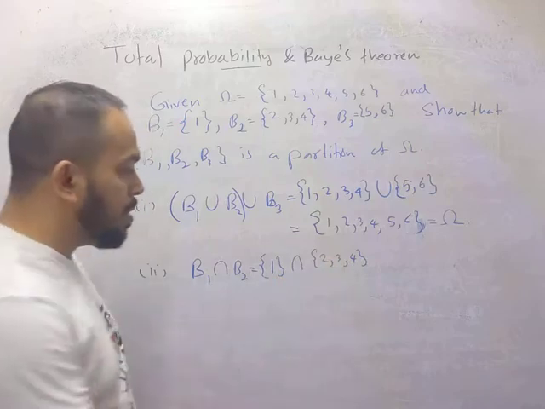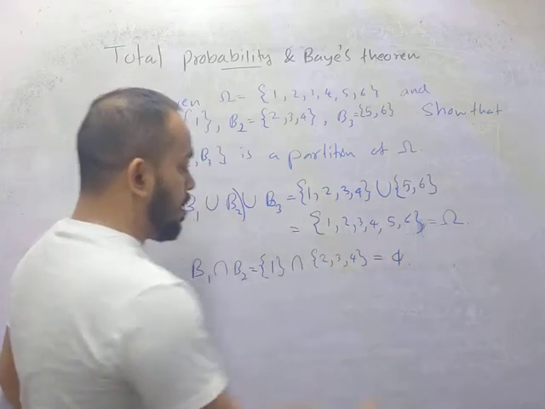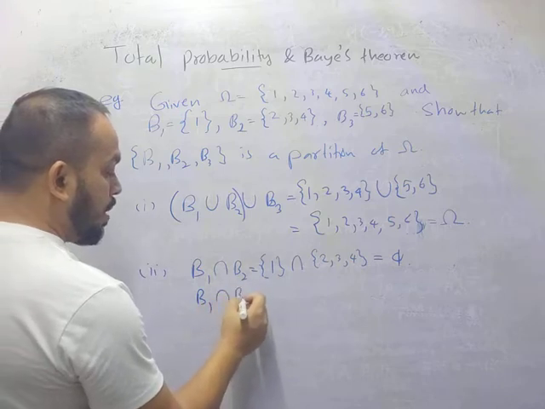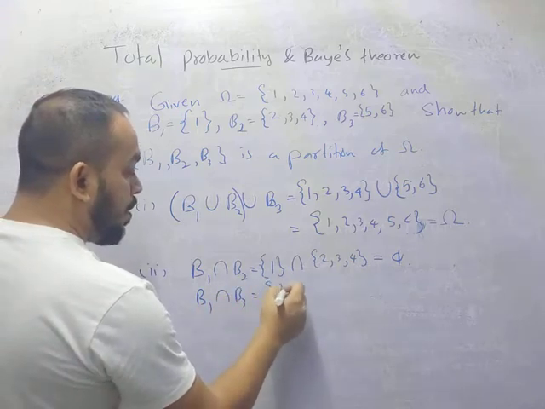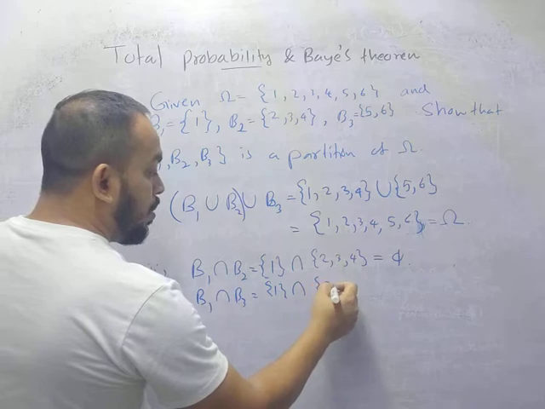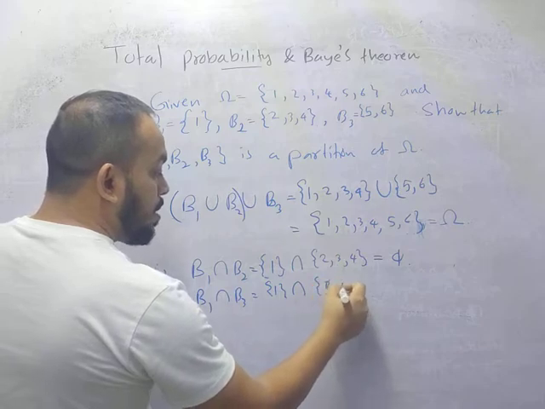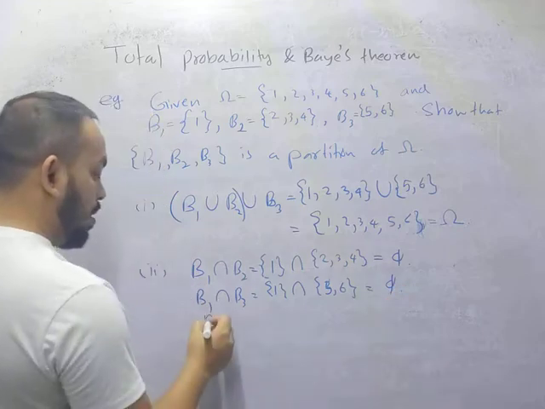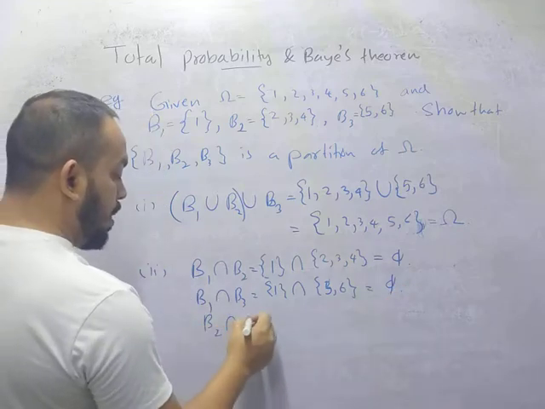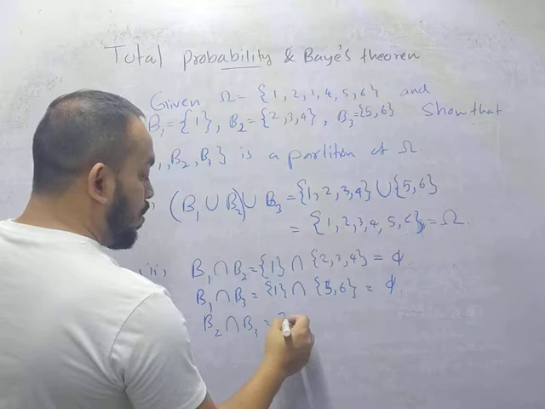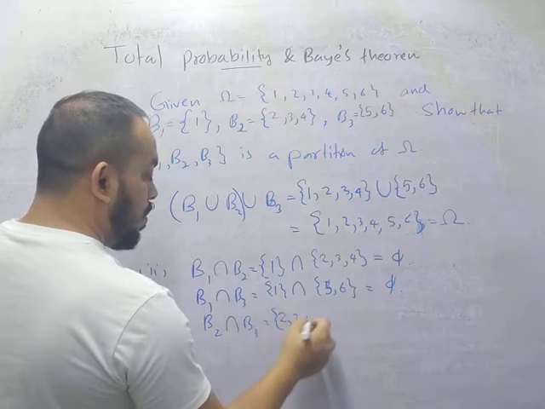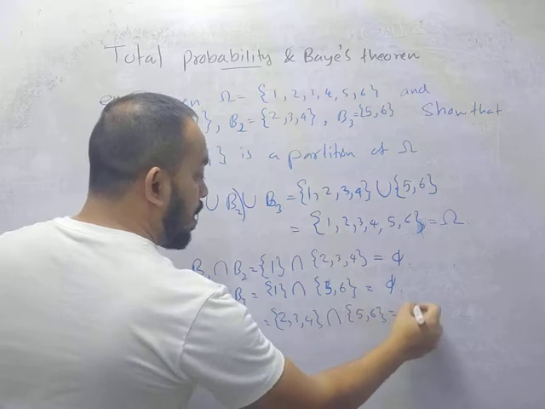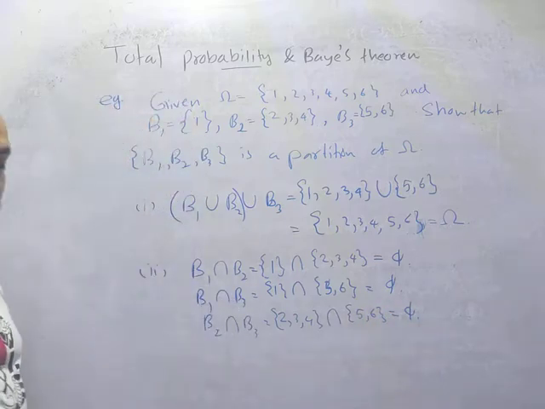So no common elements, therefore the intersection is a null set. Then B1 intersection B3: 1 with 5 and 6. Again no common element, null. Then B2 intersection B3: 2, 3, 4 intersection 5 and 6, again no common elements.